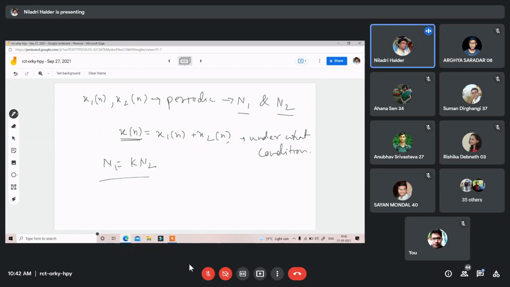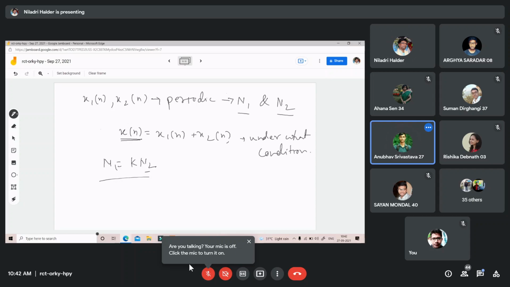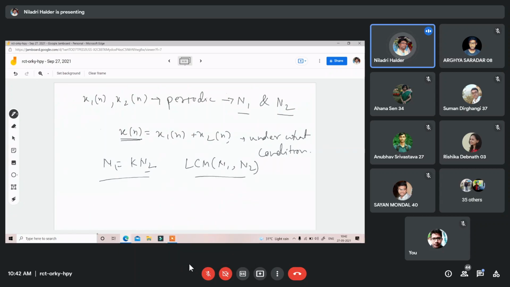All the values, that is capital N, k, that we will consider, all the values are integers. So obviously it will be an integer. Sir, it should be the LCM of N1 and N2. That is also okay. Now, why this type of answers are coming, it will be more clear to others if we just follow the answer.